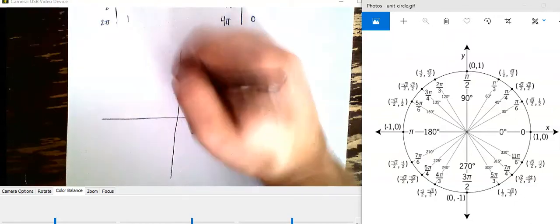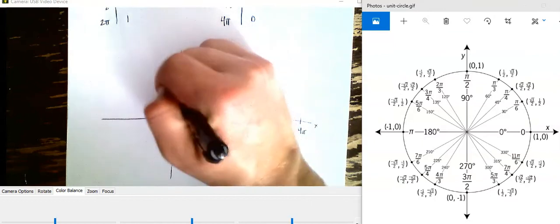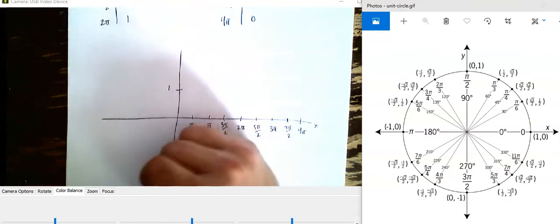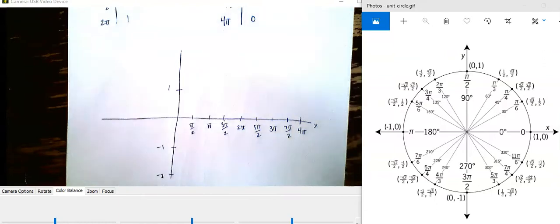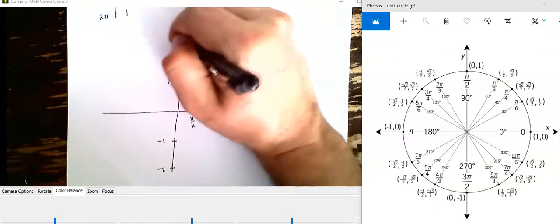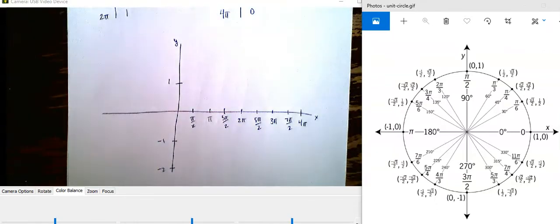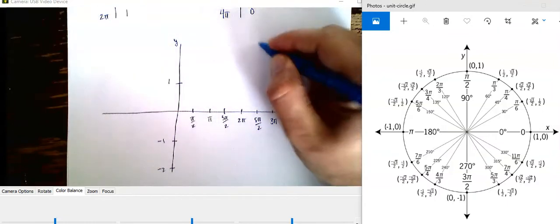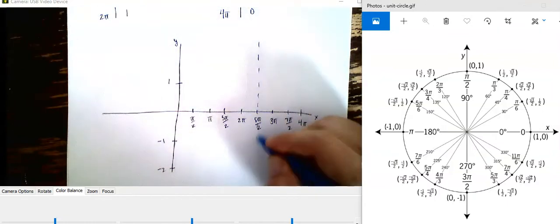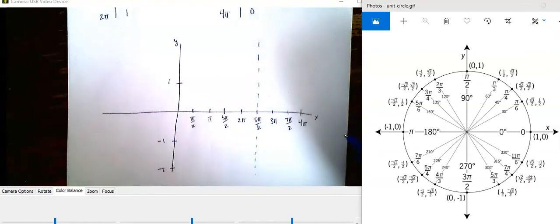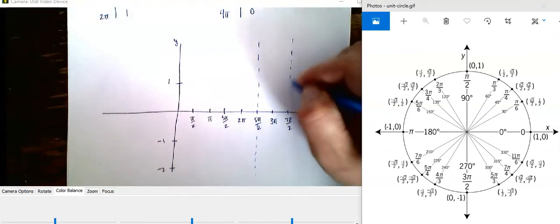And we get up to 1 there, and then -2. Let's put our asymptotes in. At 5 pi over 2, there's one, and at 7 pi over 2.